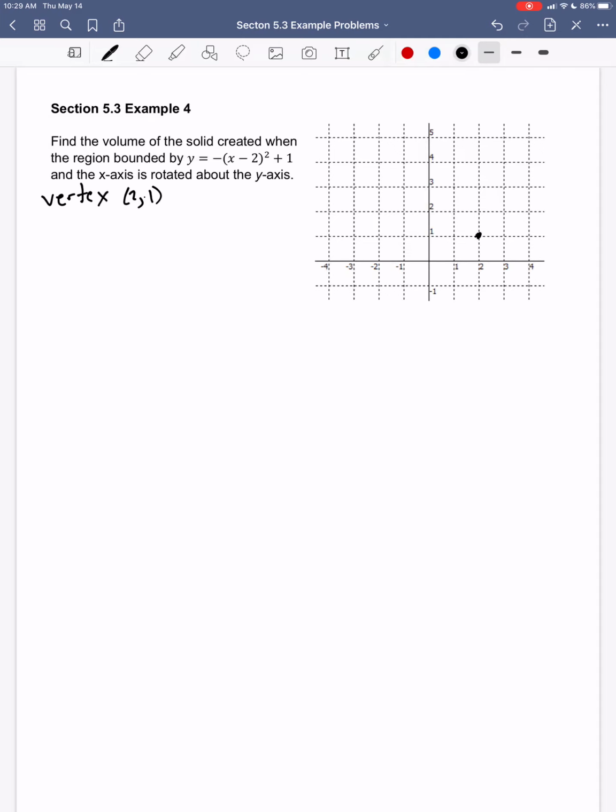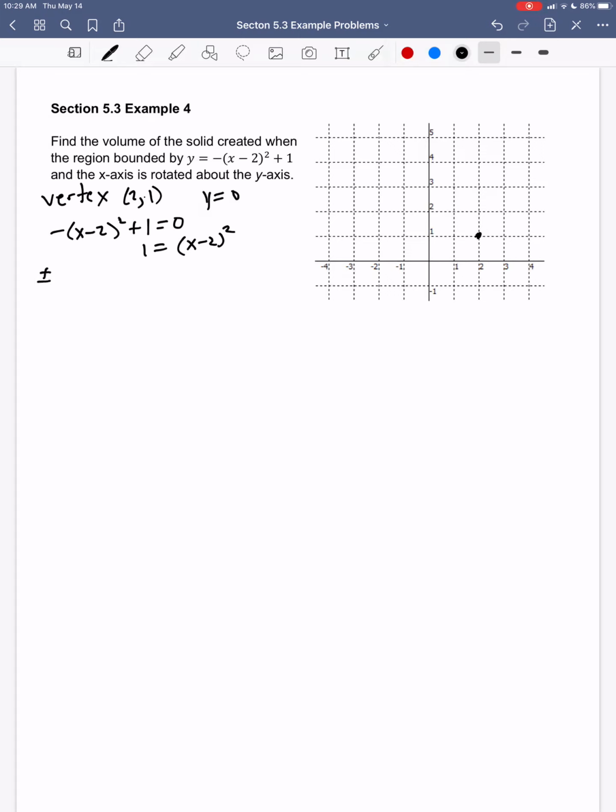As far as then this, we want to know where this parabola is bounded with the x-axis. The x-axis is the line, of course, y equals 0. So if I set my parabola equal to 0, that's going to find the x-intercepts where it crosses the x-axis. So we would get negative (x minus 2) quantity squared plus 1 equals 0. I can move that quantity to the other side to get rid of the negative. Then I can take the square root as long as I put in plus or minus.